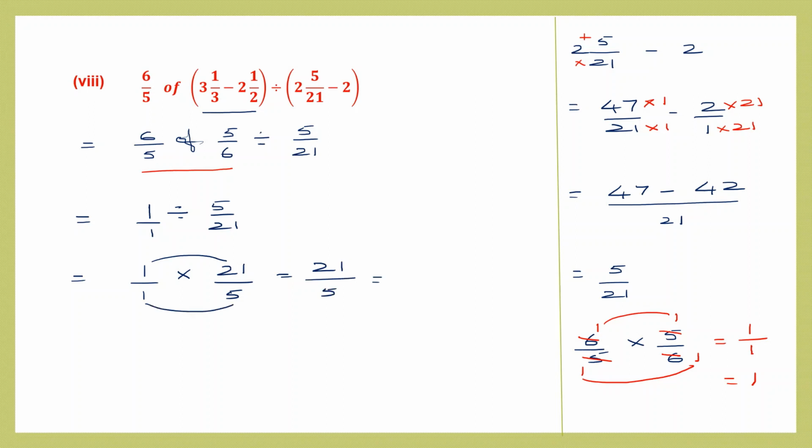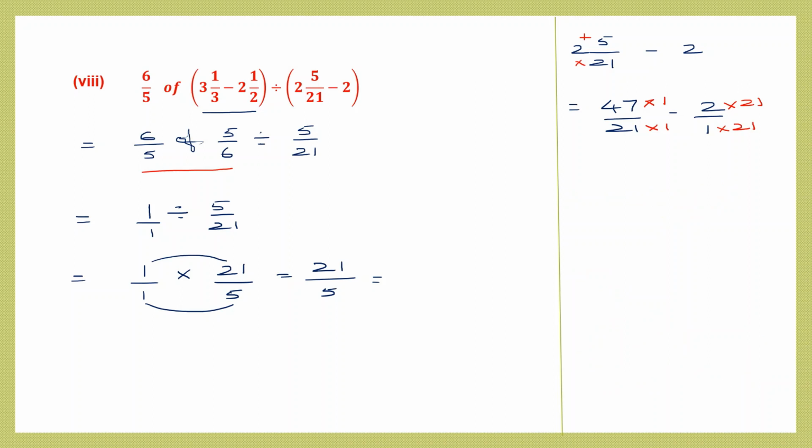Now we need to convert 21 by 5 into a mixed number. So divide 21 by 5. 5 fours are 20, minus 1. So what do we have here? 4, 1 by 5. So our final answer here is 4, 1 by 5.